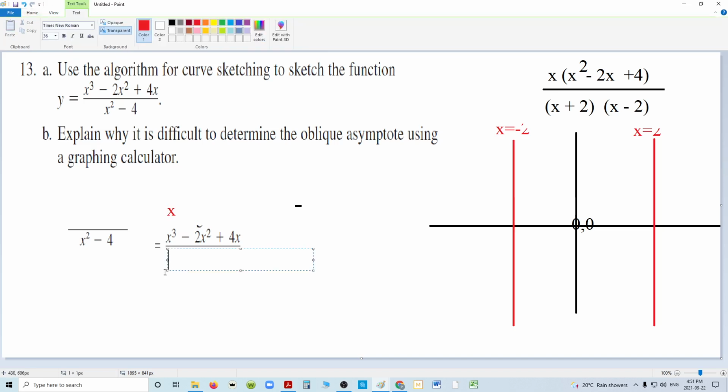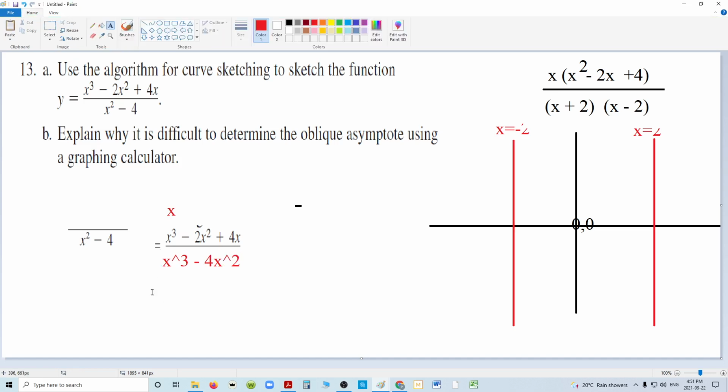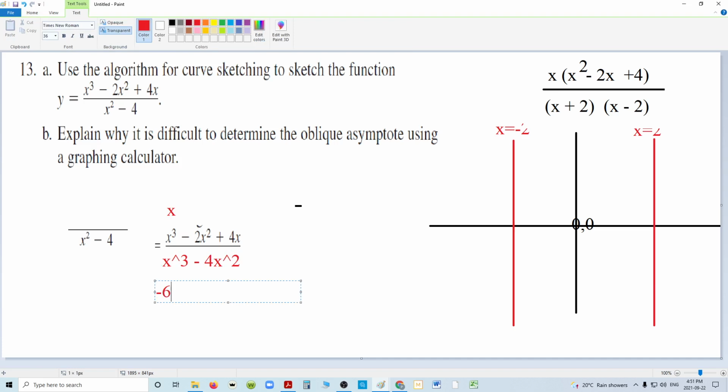and x times x squared is x cubed, minus 4x squared. And when I subtract them, I get 0 there, and here I get 2x squared, sorry, minus 4x.